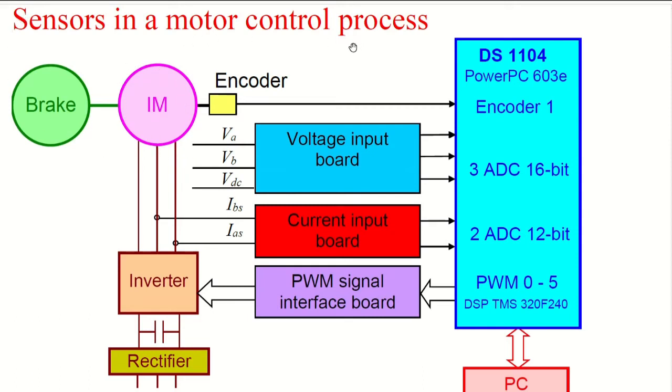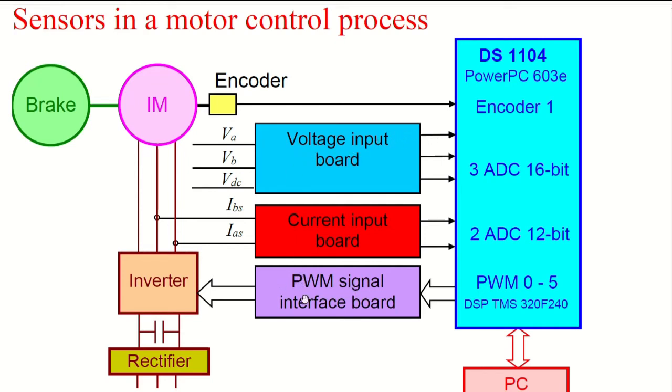Okay, let's now move to the electrical world, to machines and motors. What do we need to control a motor in this kind of system, such as generators or motors? We need encoders to know the position or the speed of the motor. We need current measurement; for a 3-phase motor, we need only 2 measurements. In some applications, we also need voltage measurement to synchronize with the grid if you want to implement a doubly-fed induction generator.